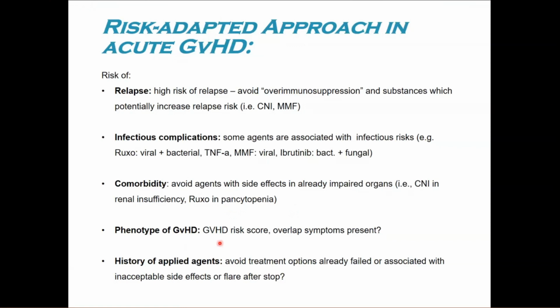The phenotype of GVHD with the risk score or possible overlap symptoms should be considered. And another point is the history of the applied agents, especially in late acute GVHD or recurrent acute GVHD. So we try to avoid treatment options which already failed or which were already associated with unacceptable side effects.